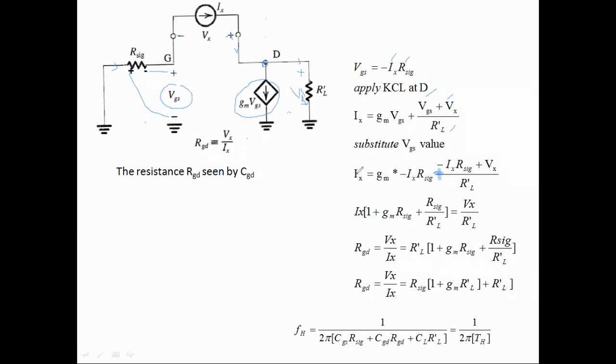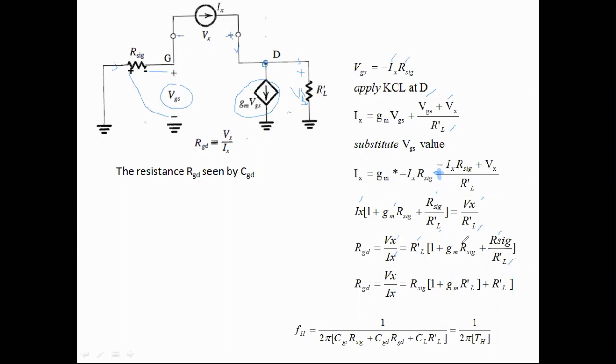Now take the Ix terms to the left-hand side and take Ix common. Ix times 1 plus gm into Rsig plus Rsig divided by RL dash, that is equal to Vx by RL dash. Vx by Ix is nothing but RGD, that is equal to RL dash into 1 plus gm into Rsig plus Rsig divided by RL dash.